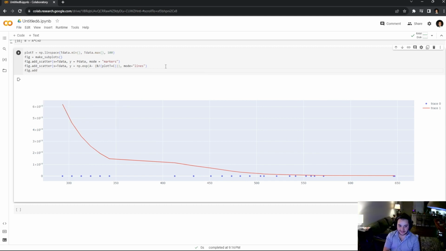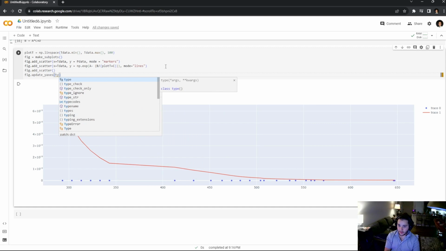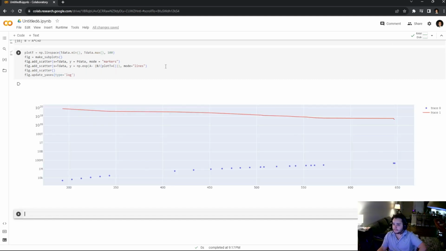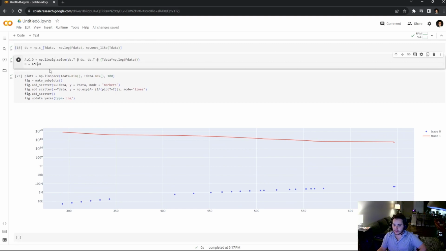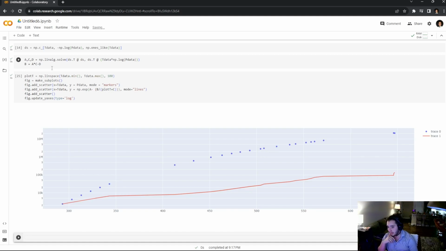So, fig.add_scatter. Why is this bad? Ooh, that's minus D. In marker T data.